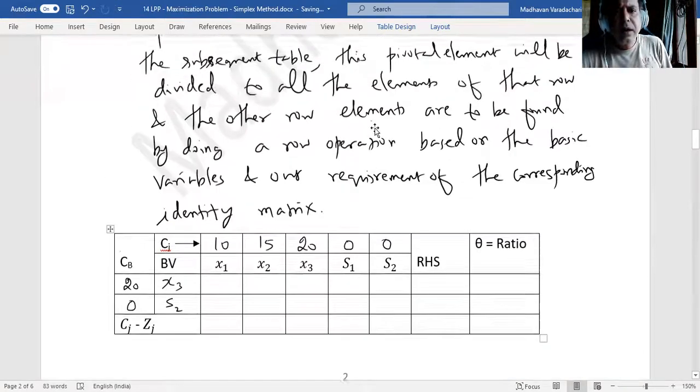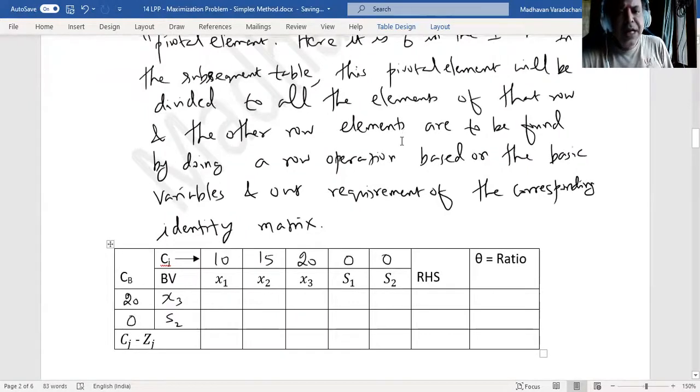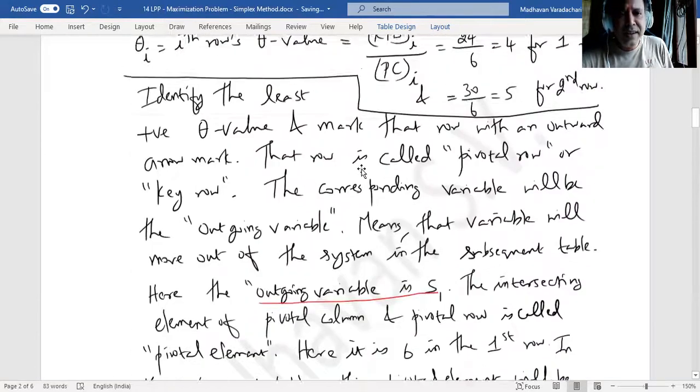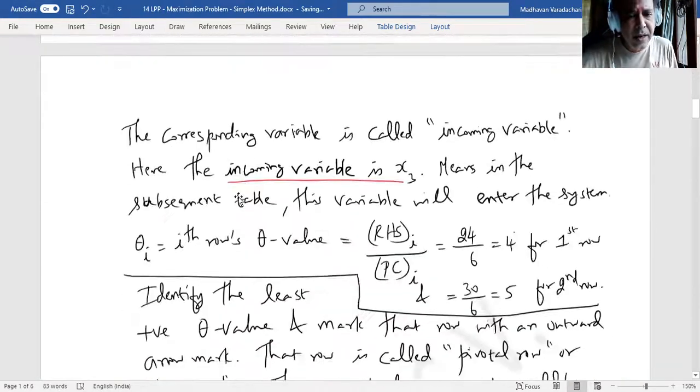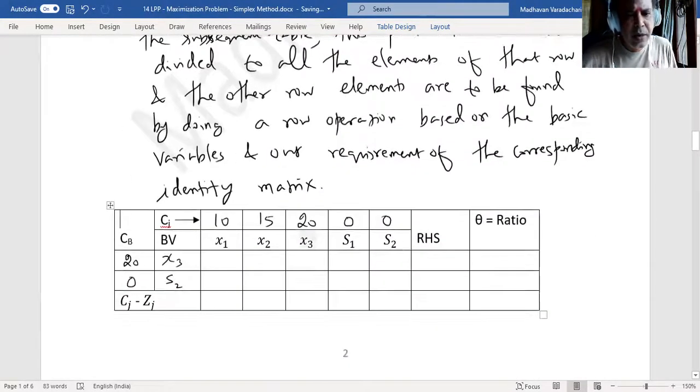Now, already I addressed it here. We need to divide the pivotal element to the corresponding row, all the elements. Going back here, all these elements, that is 2, 4, 6, 1, 0, 24, all these elements have to be divided by 6. So 2 by 6 is nothing but 1 by 3. Write down here 1 by 3.